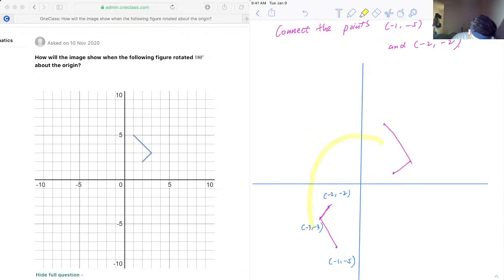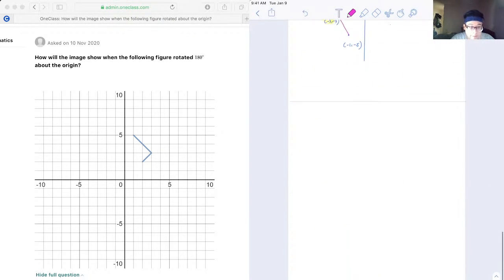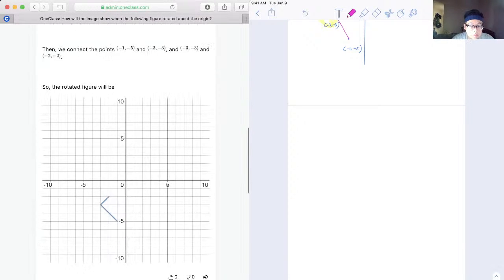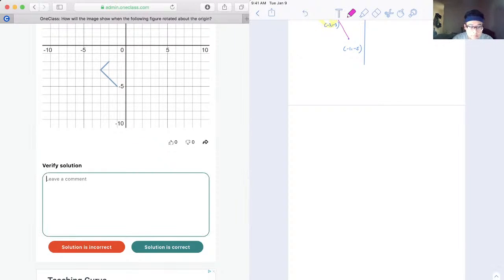So let's rotate 180 degrees about the origin. All right. So let's leave a comment. Solution is correct. Well done.